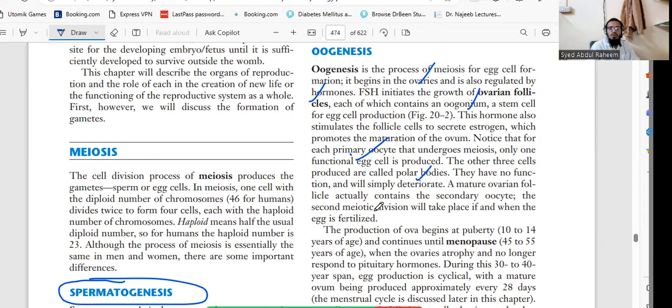A mature ovarian follicle actually contains the secondary oocyte. The second meiotic division will take place if and when the egg is fertilized. So here in the process, you only have the secondary oocyte. But after the sperm enters at the place of fertilization, the egg and the sperm will attach together and undergo the second meiotic division.